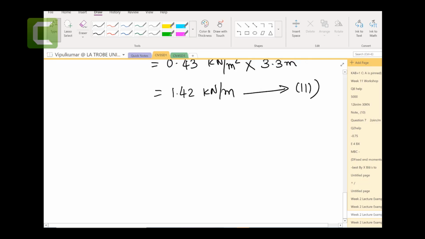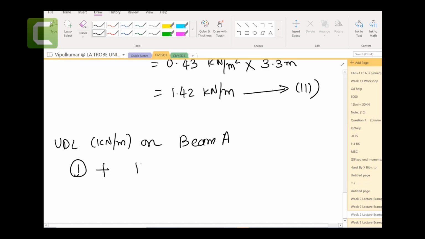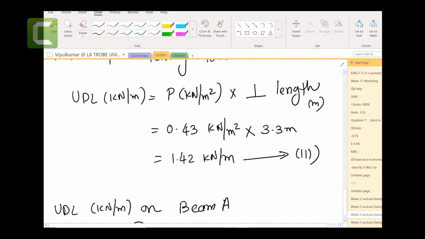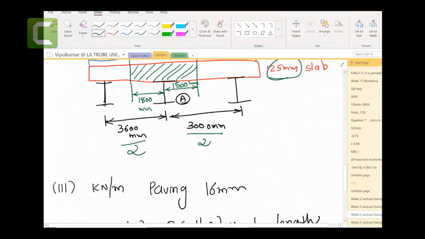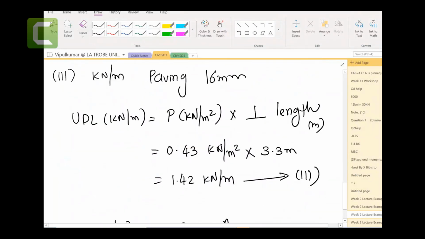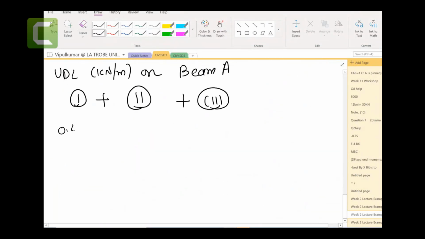So let's add them all, because the UDL load kilonewton per meter on beam A is the self weight of the beam, slab, and paving. So self weight is 0.4. Please make sure all the units are same. Number 1, 0.4 kilonewton per meter.